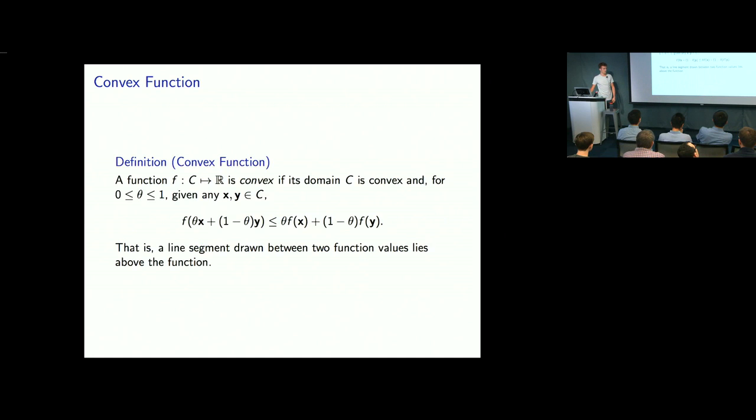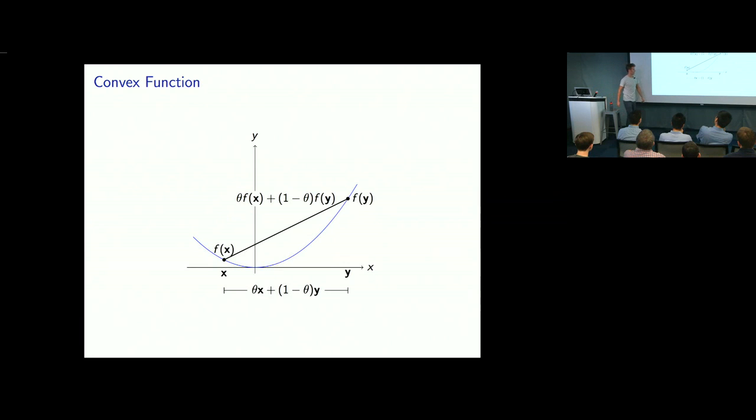Defining that mathematically, if you have any point on the function and another point on the function, and you draw the line segment between those, and that line segment is always over the function itself, then for any x and y, that function is convex.